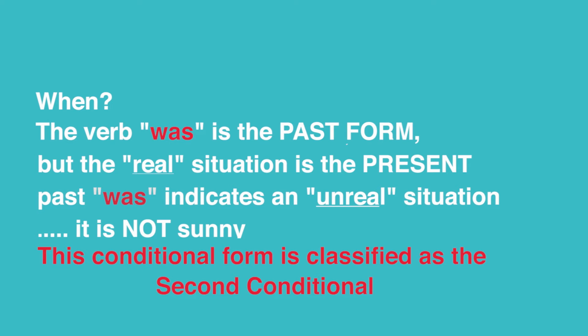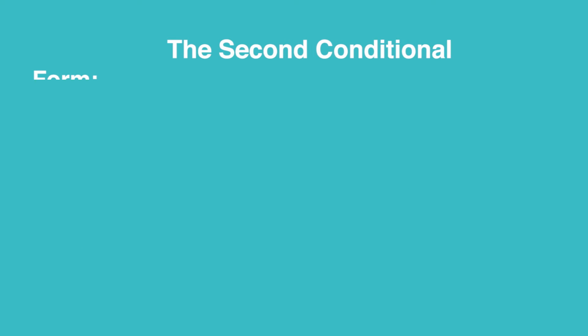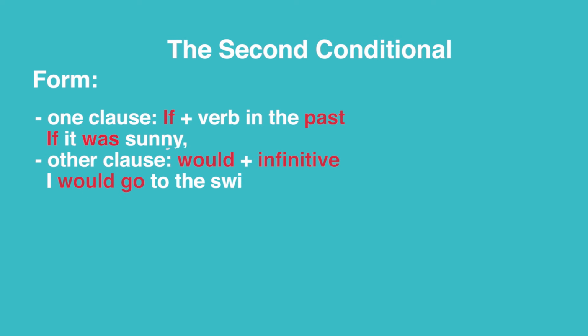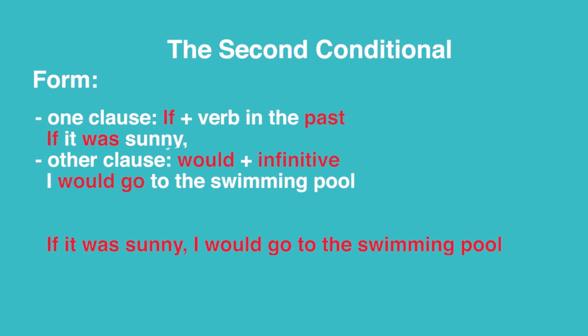The second conditional is formed with if plus a verb in the past. In this case, if it was sunny. In the other clause, we use would and an infinitive. In this example, I would go to the swimming pool. So we get, if it was sunny, I would go to the swimming pool.